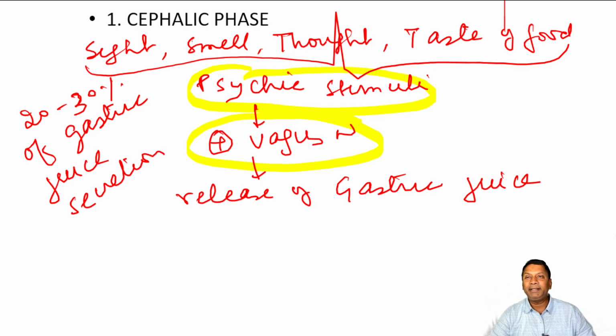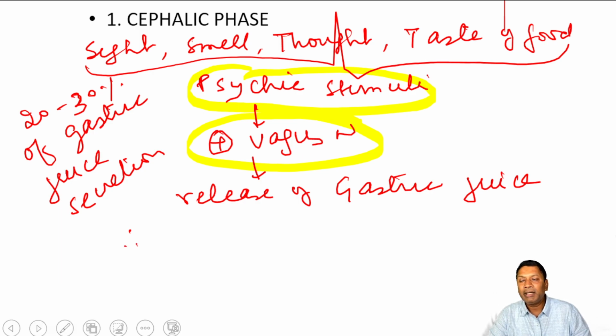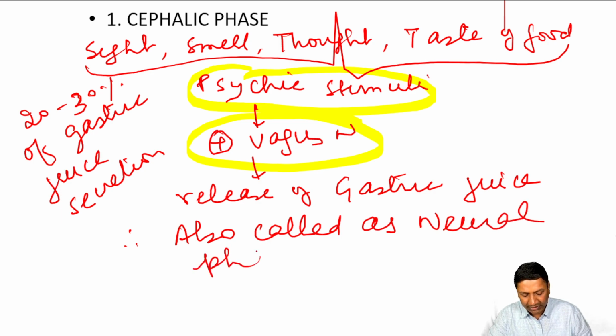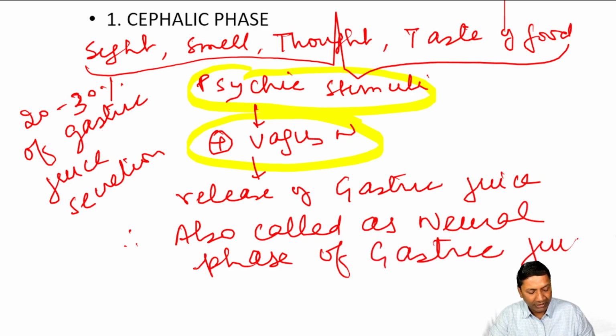And since there is involvement of the vagus nerve, this is also called the neural phase of gastric juice secretion.